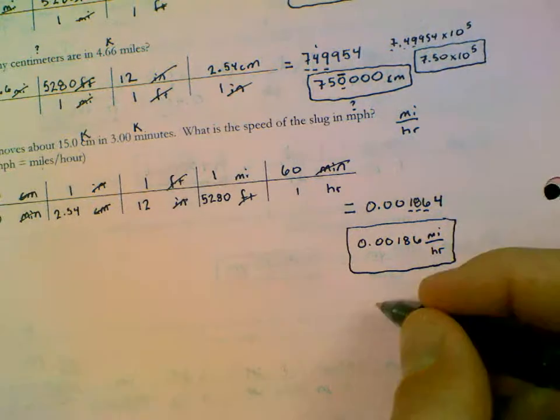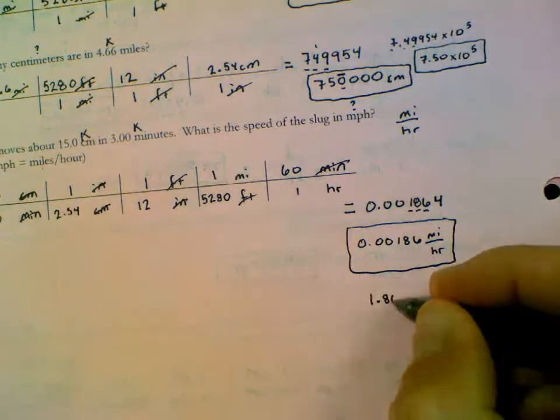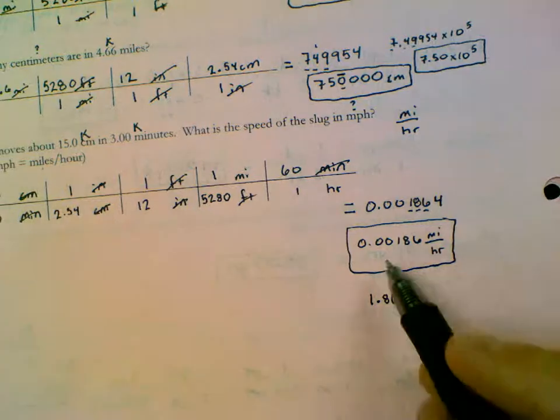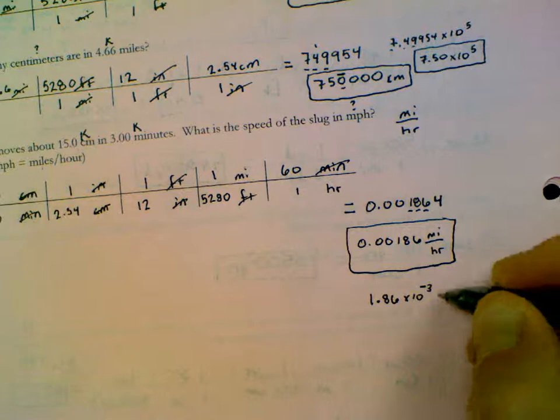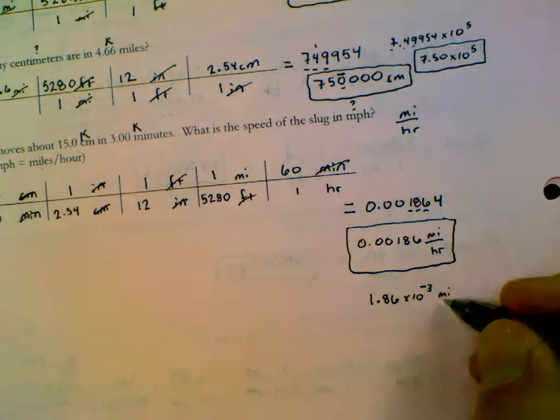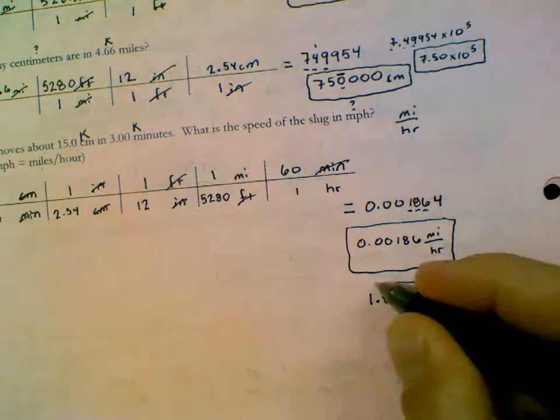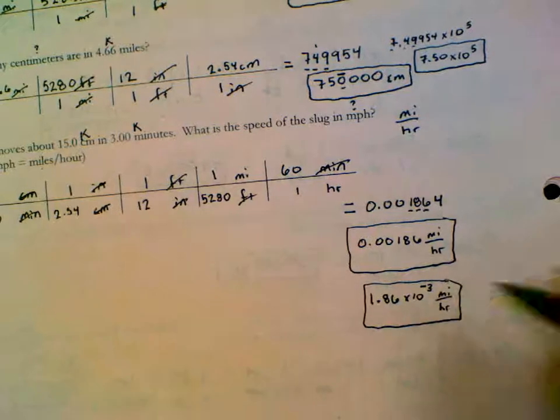If you want to write this in scientific notation, 1.86 times 10 to the negative 3, a negative because this is a small number. Either of these answers is appropriate.